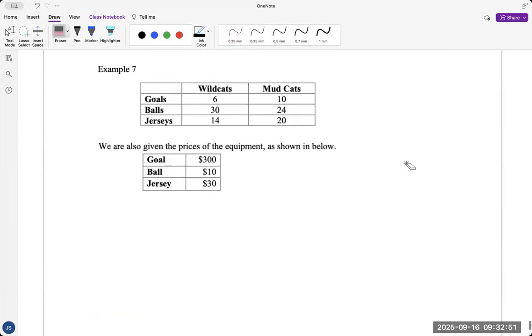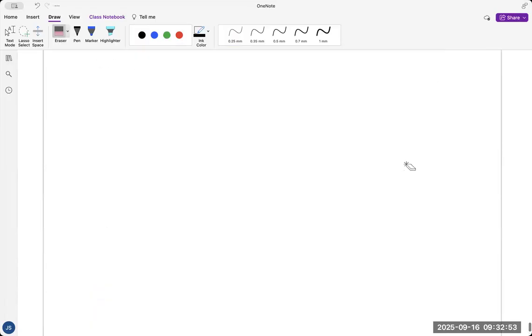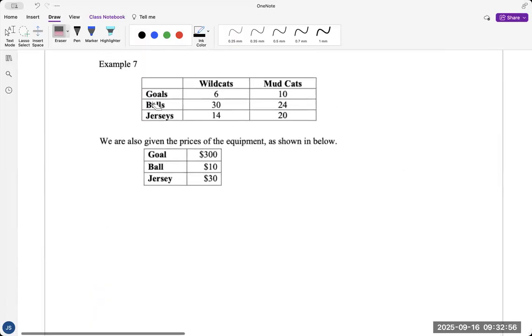All right, we have one more real life example here. They're given the number of goals, balls, and jerseys that the Wildcats need, and then the goals, balls, and jerseys that the Mudcats, another team, need.